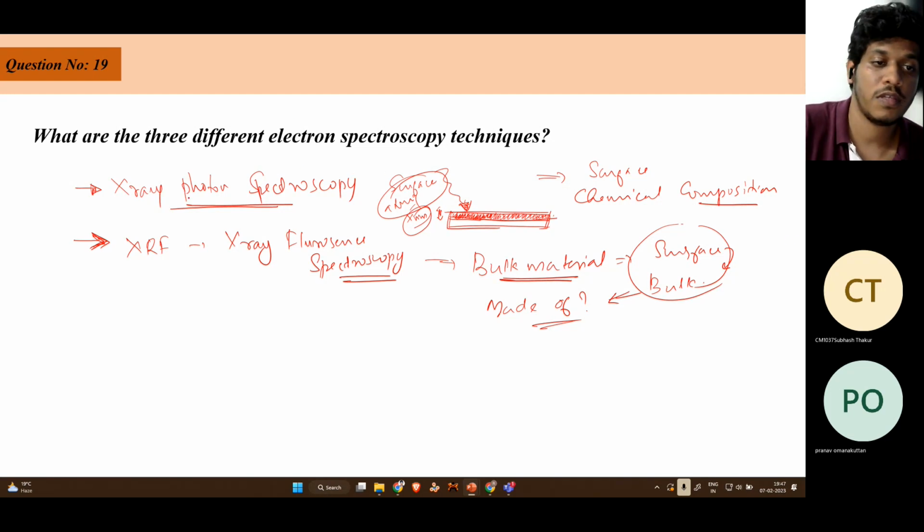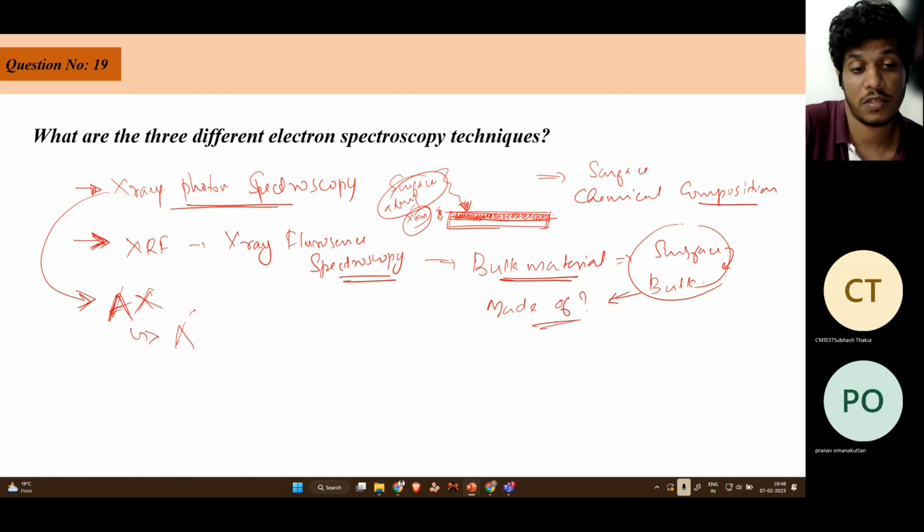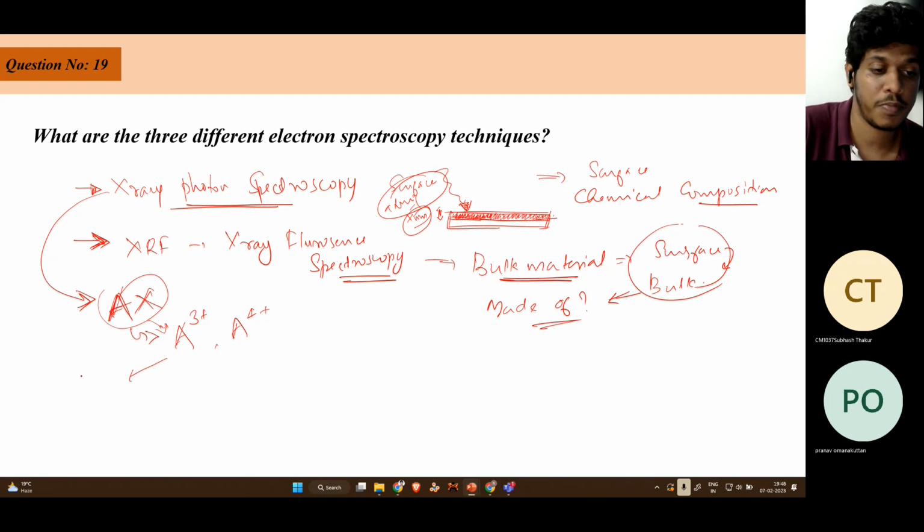In XPS, for example, say you have a material, say AX. Suppose this A can exist in different oxidation states, say A3+ or A4+. In this AX compound, the A can exist in different states, and you expect a particular result.